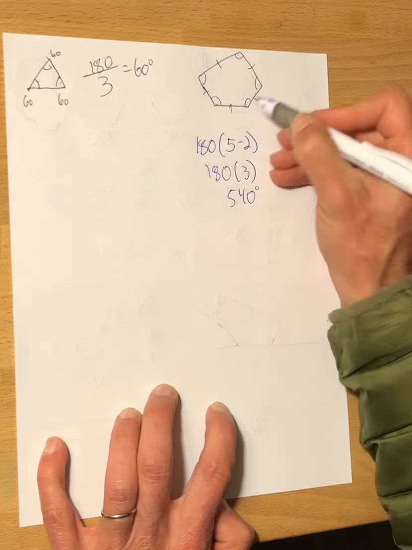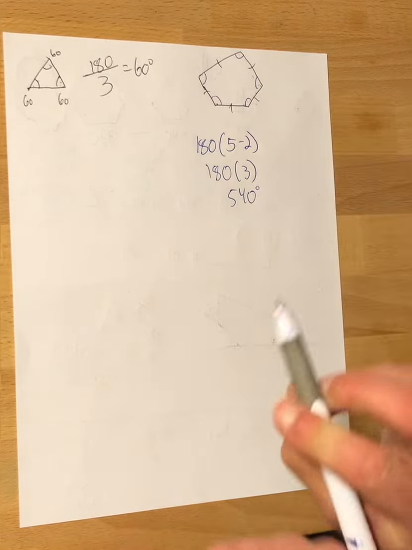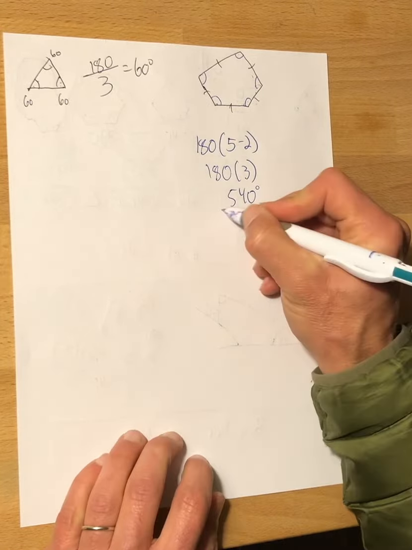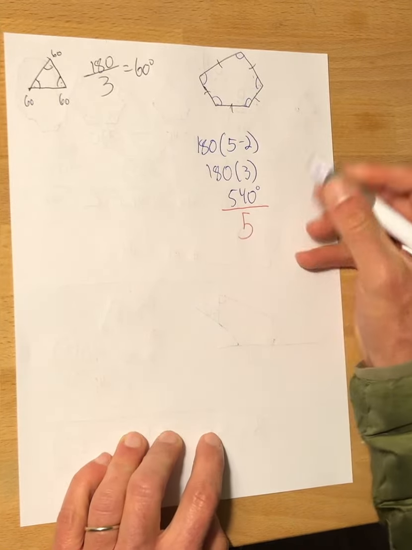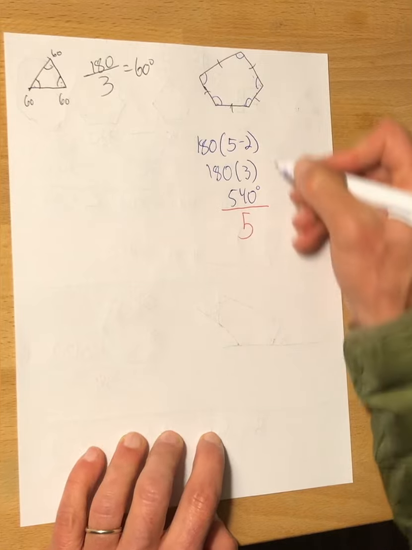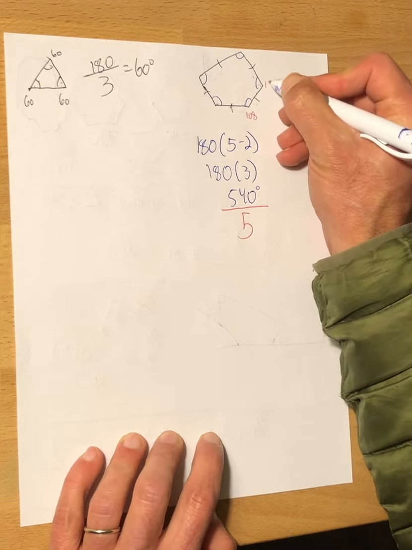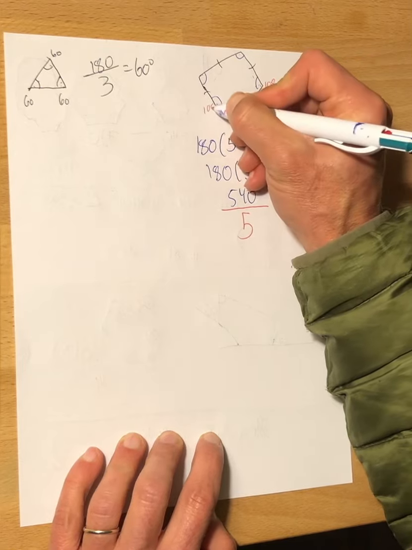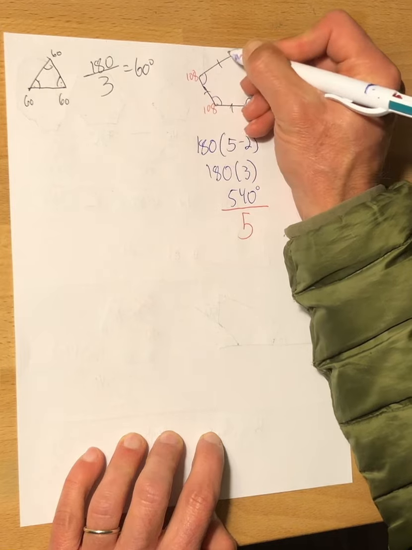But if you have all 5 angles that are exactly the same, technically you are dividing this by the amount of sides you have. So if I were to go on a calculator, 540 divided by 5, I'm going to get every one of these angles is equal to 108 degrees.